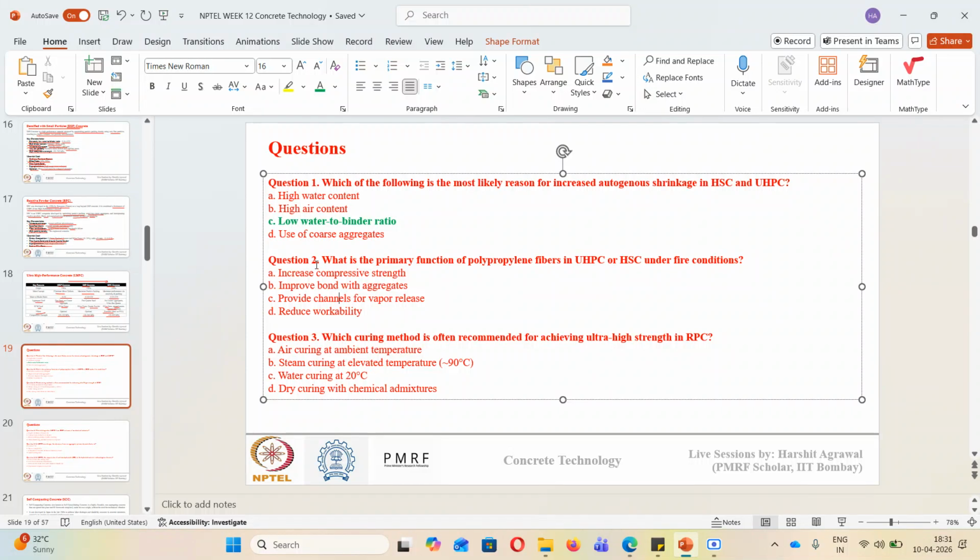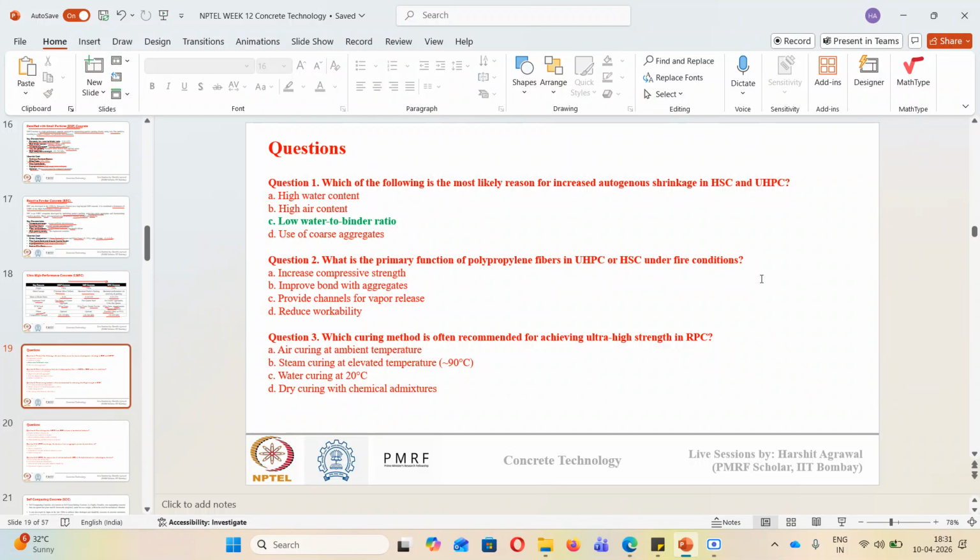Okay. Question number two. What is the primary function of polypropylene fibers in UHPC or high strength concrete under fire condition? Suppose a high strength concrete or an ultra high performance concrete is subjected to fire, and that concrete has polypropylene fibers, which are kind of plastic fibers.